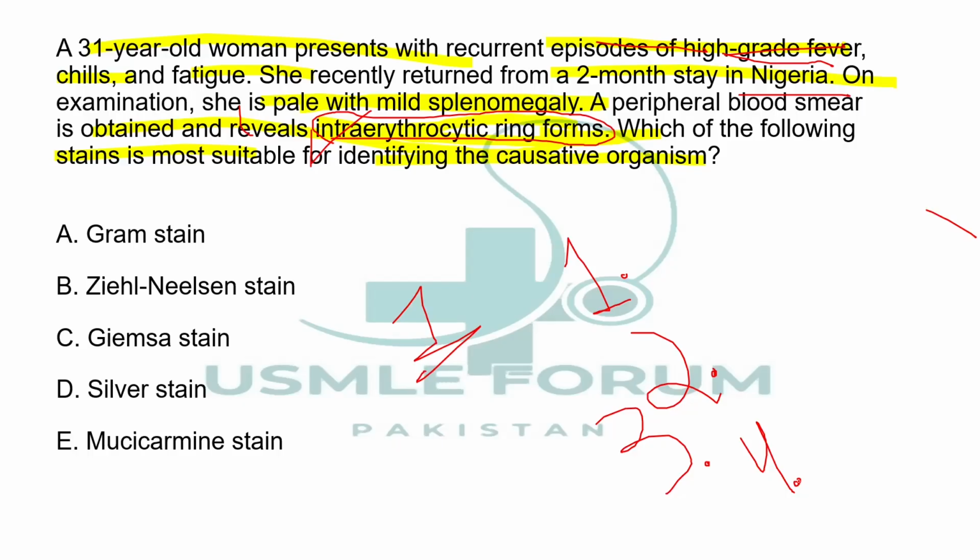These symptoms basically specify that there is some kind of toxemia in the blood. And why do patients have splenomegaly? Because the RBCs are infected, and the infected RBCs are primarily going to be destroyed in the spleen. So there will be more RBC destruction, which will subsequently lead to enlargement of the spleen, leading to splenomegaly and a mild form of anemia.